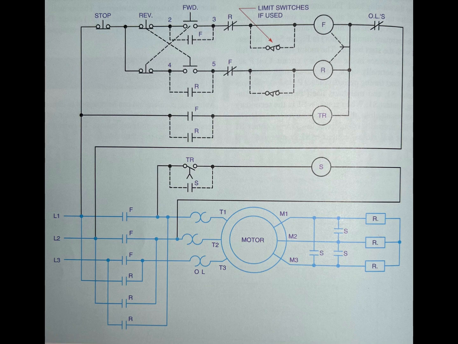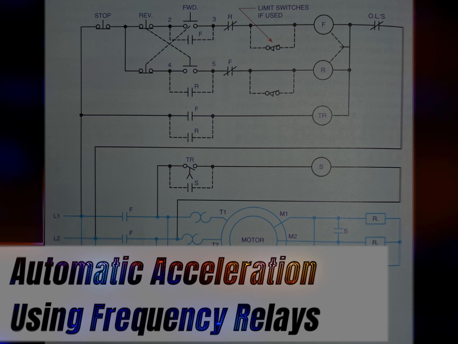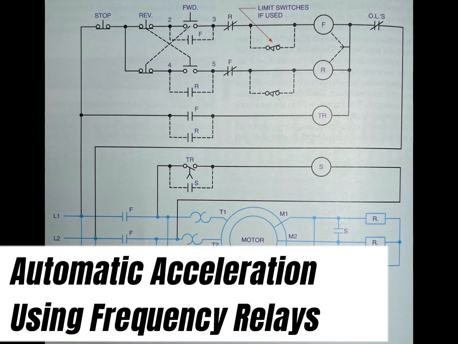The operation of a compensated timer is based on the applied load. In other words, the motor will be allowed to accelerate faster for a light load and slower for a heavy load. The frequency relay is one type of compensating timer.